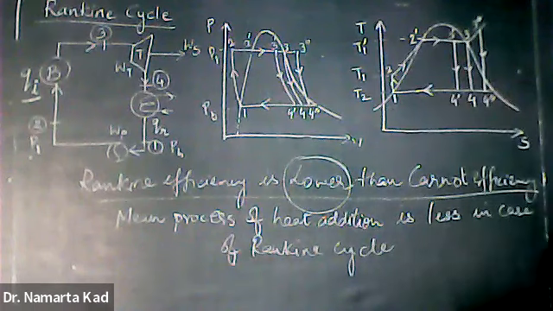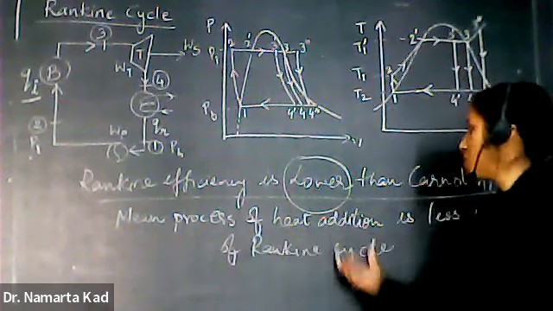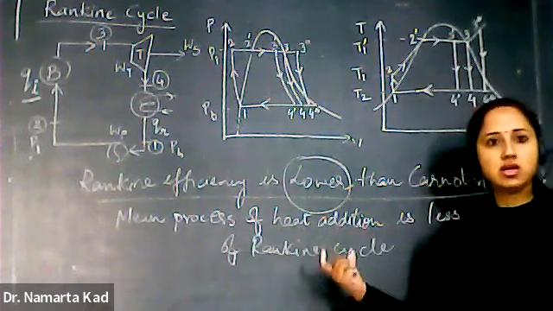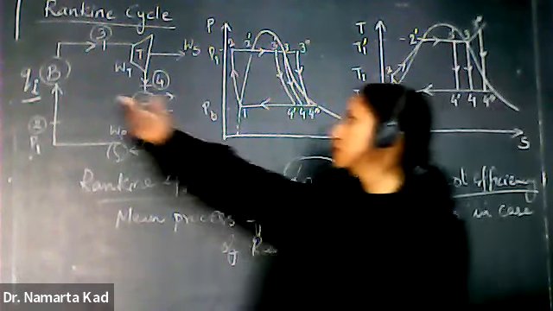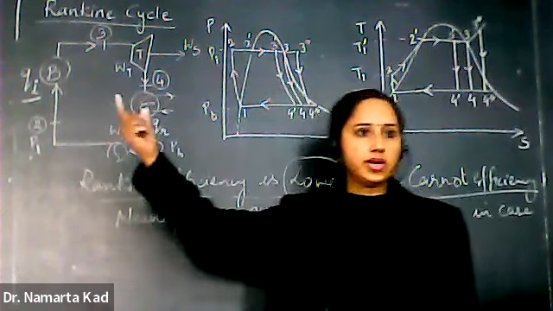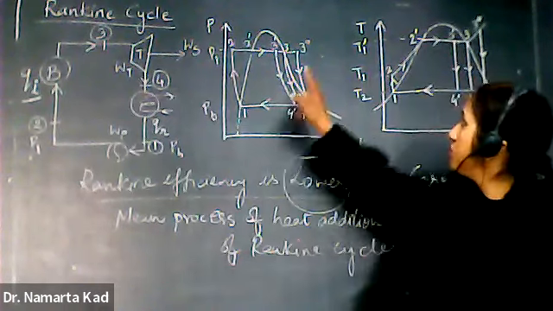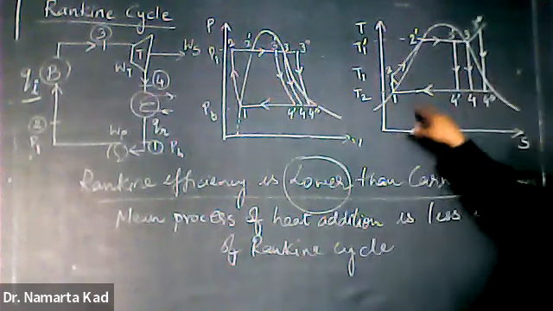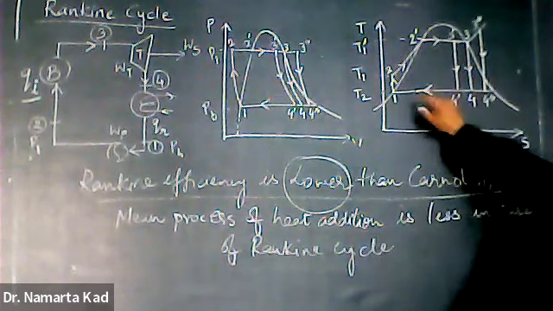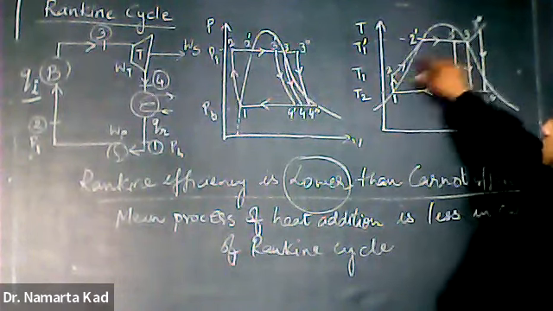So what is this mean process of heat addition? Heat addition takes place in the boiler, across stages 2 and 3. If you observe this graph, across stages 2 and 3 there is a variation of temperature.